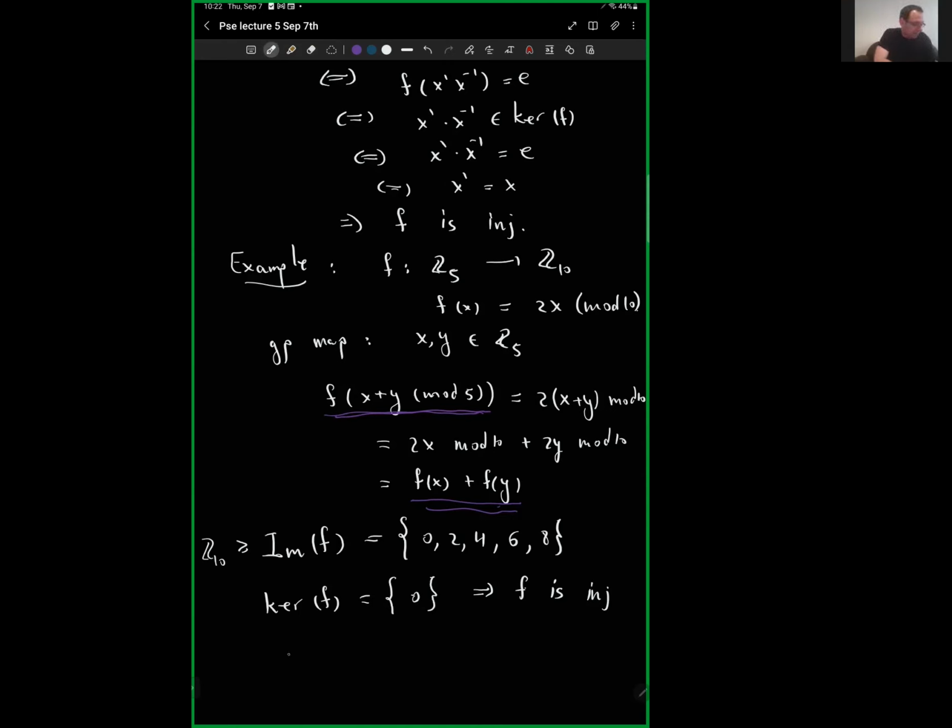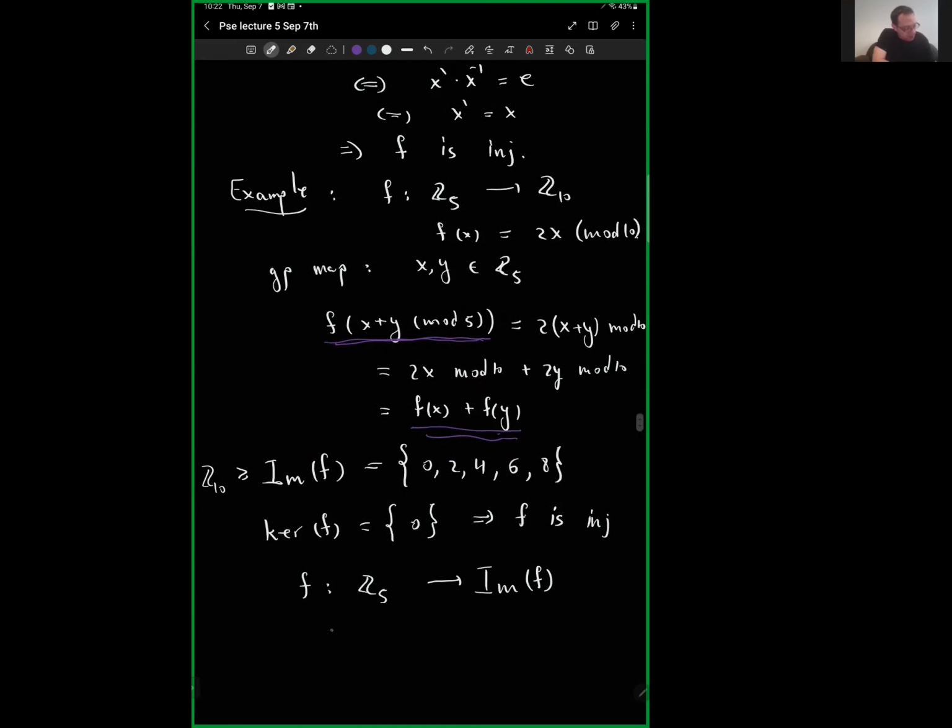And so of course you could say f goes instead of to Z mod 10, it goes to image f. That's also a legitimate writing. Of course, I'm abusing the notation a bit. Formally speaking, it's not f because it has a different target set, but it's really the same. And now this map, maybe we call it F bar.